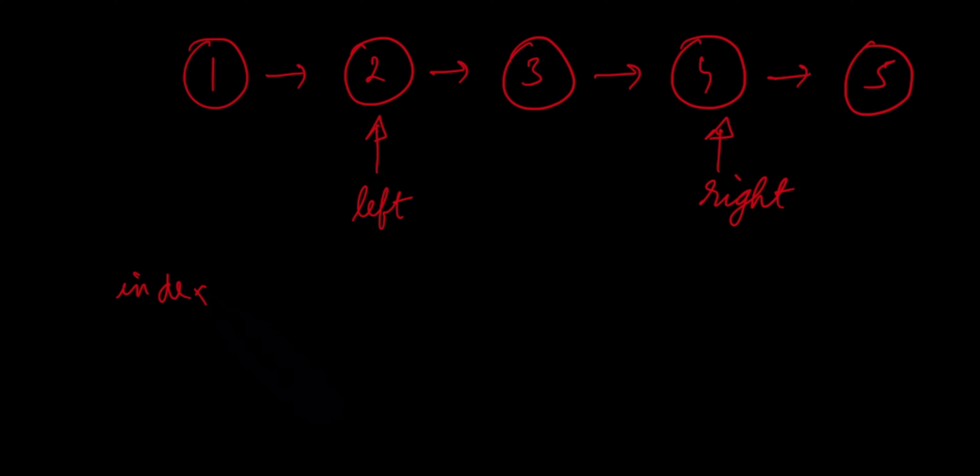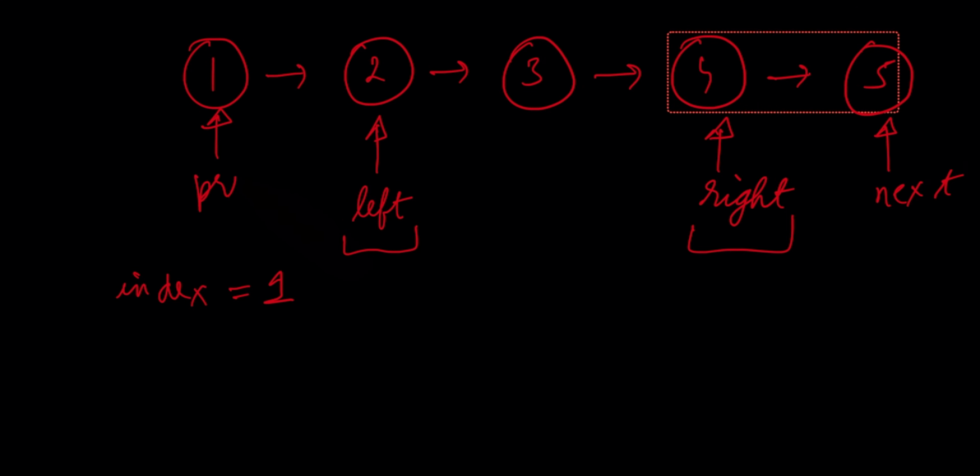Let's call it index and set it to 1, and as we are iterating from the head, we can set the left node and right node. If we reach left, we set the left node, and if we reach right, we set the right node. Along with setting the left node and right node, we will also have to set the next and previous nodes. I can explain that better in the code walkthrough, which would be easier to understand.